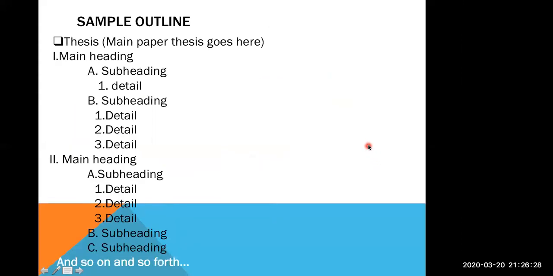I will give you a sample outline, which seems to be very easy. So the first part, you should include your thesis statement or research claim, which should be placed at the very beginning of your introductory part. The main heading, as you can see here, is subdivided into subheading 1 and subheading 2, which are labeled I.A and B. Under each subheading, you need details.